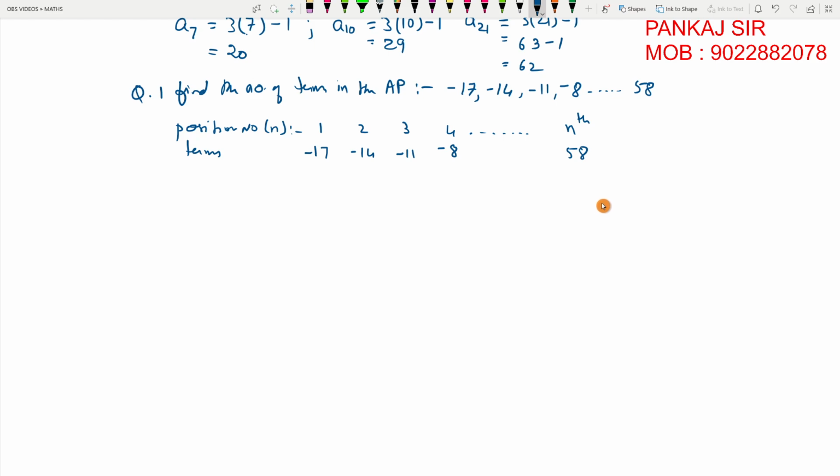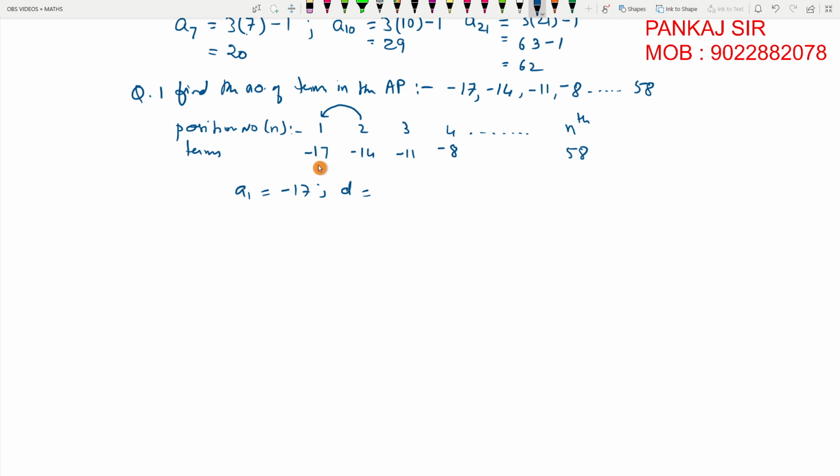Okay, is that clear? So you can say that in this arithmetic progression, your A1, that is the first term, is minus 17. Fine. What is D? D will be the second term minus the first term.